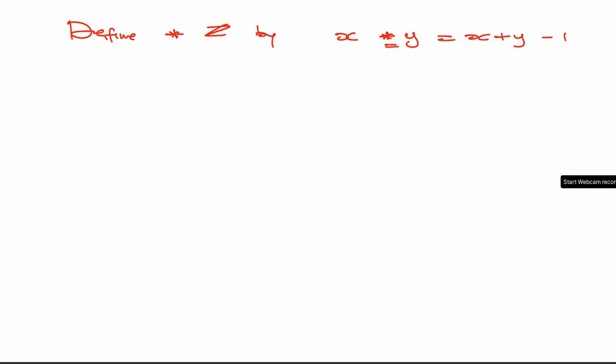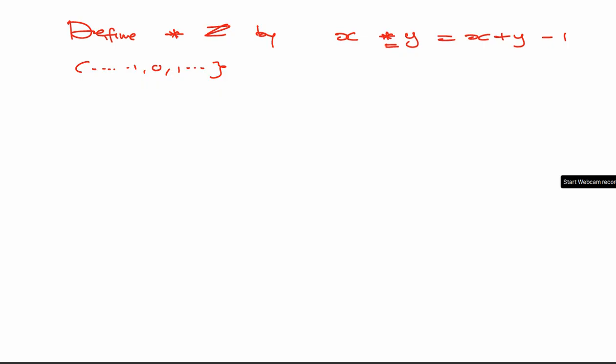So let's start with the closure law. Integers are positive and negative numbers including 0. So all negative and positive numbers including 0 make up the set of integers.